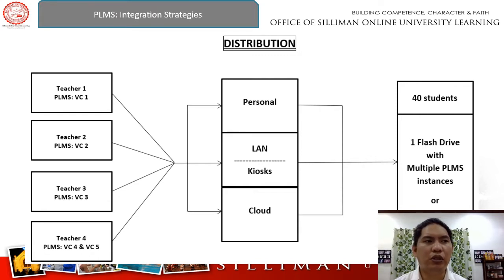And this can be done only at the very beginning because that's your preparation at the start, which is quite probably loaded and heavy, but the rest of the time it's a waiting time for you while the students are performing those assessments or reading on their own. So it's a self-paced learning for them. And then so you have one flash drive with multiple instances of PLMS, or one flash drive, one PLMS instance with multiple virtual courses inside it.